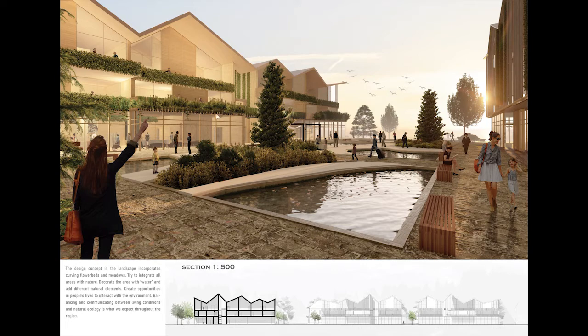For the architecture aspect, we use the image of the mountains, and each unit is like 3 to 5 different mountains with different slopes connected to each other. In our section we can clearly understand our architecture concept.